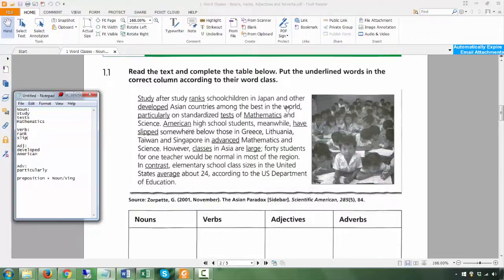"Have slipped" is the "have", which functions as an auxiliary verb, plus the past participle of "slip", which is "slipped". "Advanced", again the same thing, just like "American", you are describing maths: advanced maths, basic maths, these basic maths. These are all adjectives. However, "classes", that's your subject.